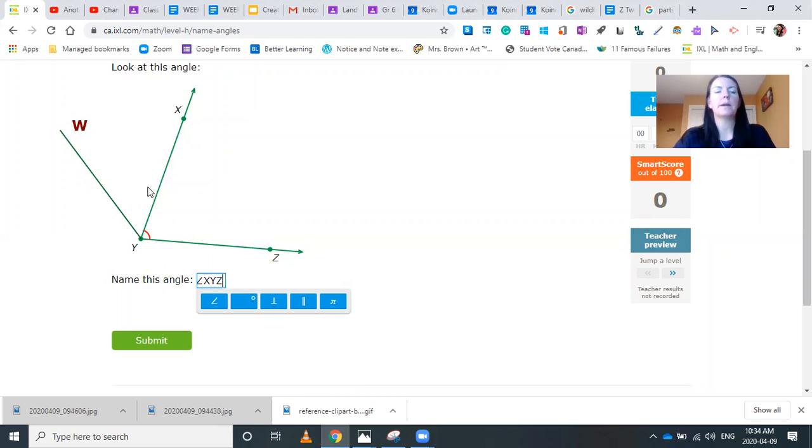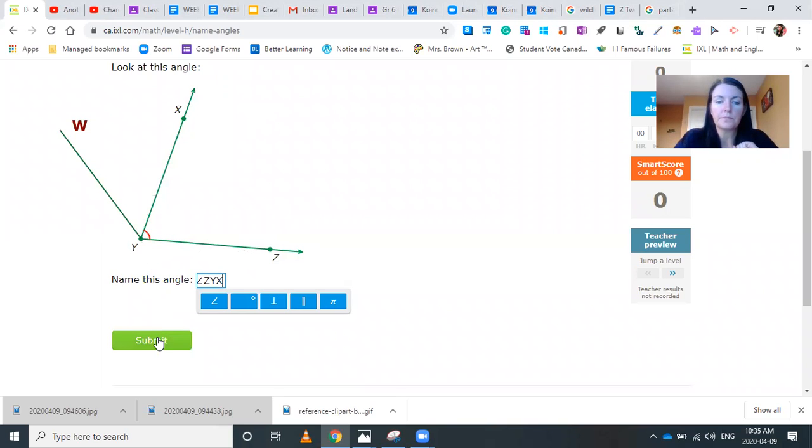If you have a point where you've got more than two lines heading to Y, you can't just call it angle Y because there's actually that angle Y and that angle Y. Sometimes they call it Y1 and Y2, but to keep it simple, you want to go from one of the lines that makes that angle to the Y and go to where it is going, which is the Z. You could also accept it coming from the opposite direction. You could say it's coming from Z, going to Y, and up to X. Both would be accepted, as long as your vertex Y is in the middle.